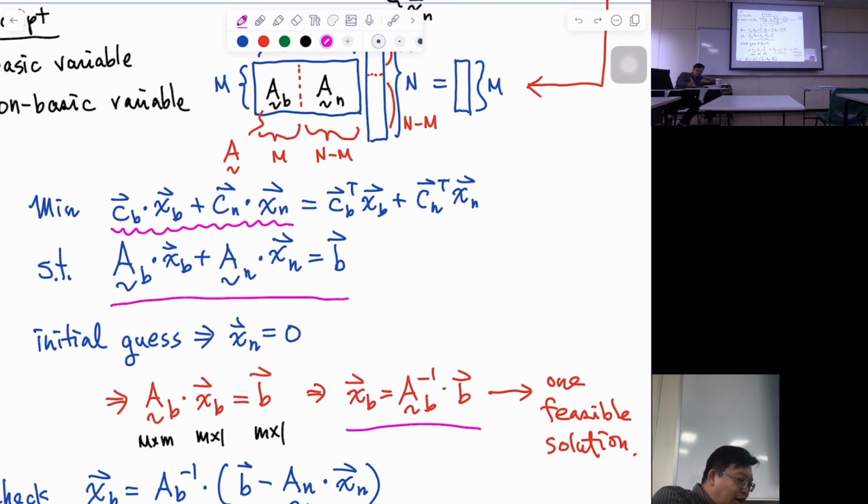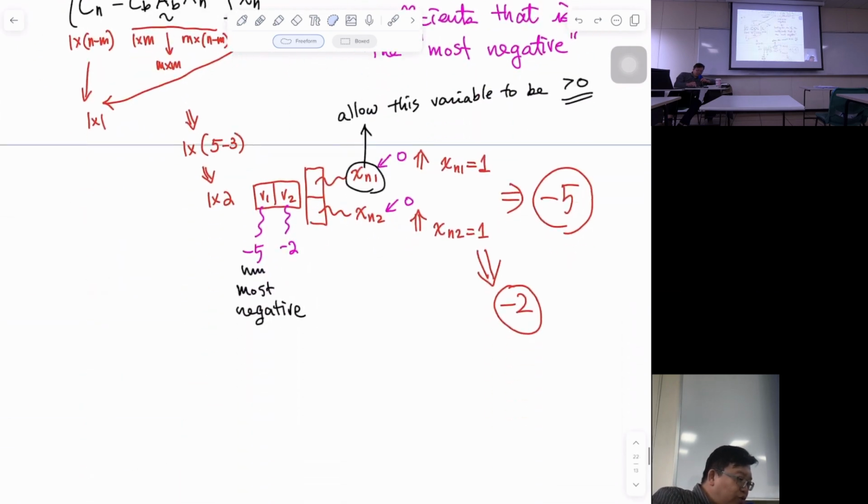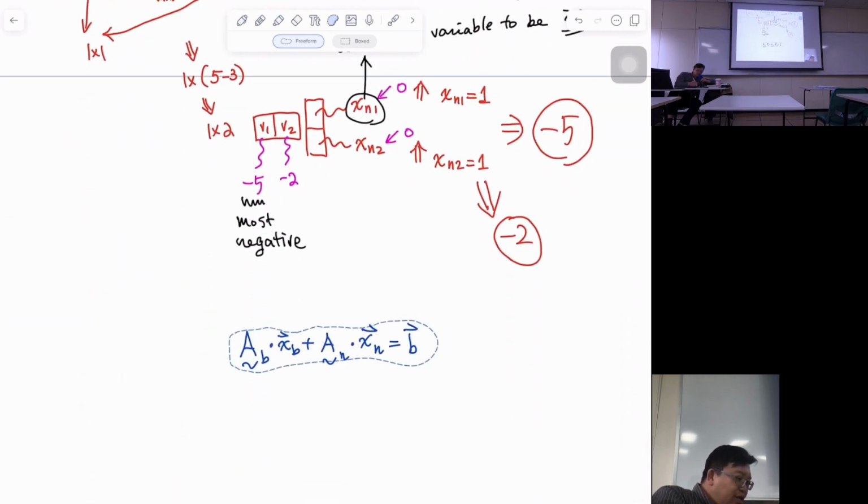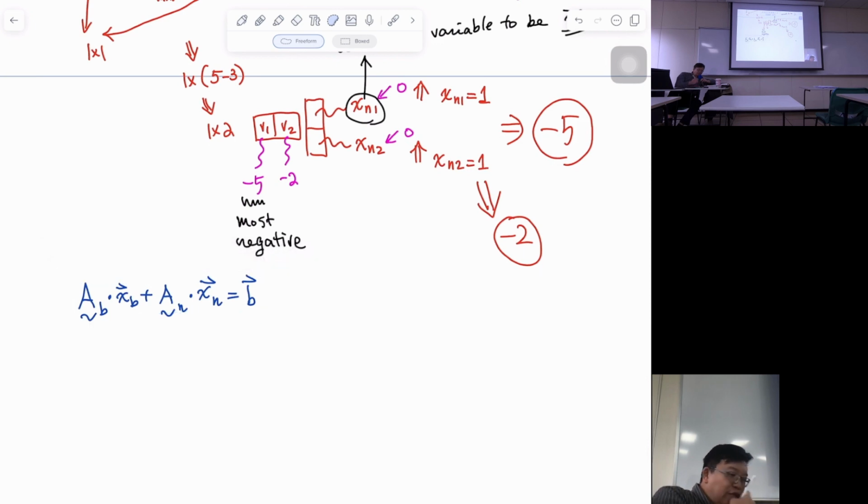In order to do that, I need to copy this equation. Basically, this is the equation that we pay attention to, starting from the second part.